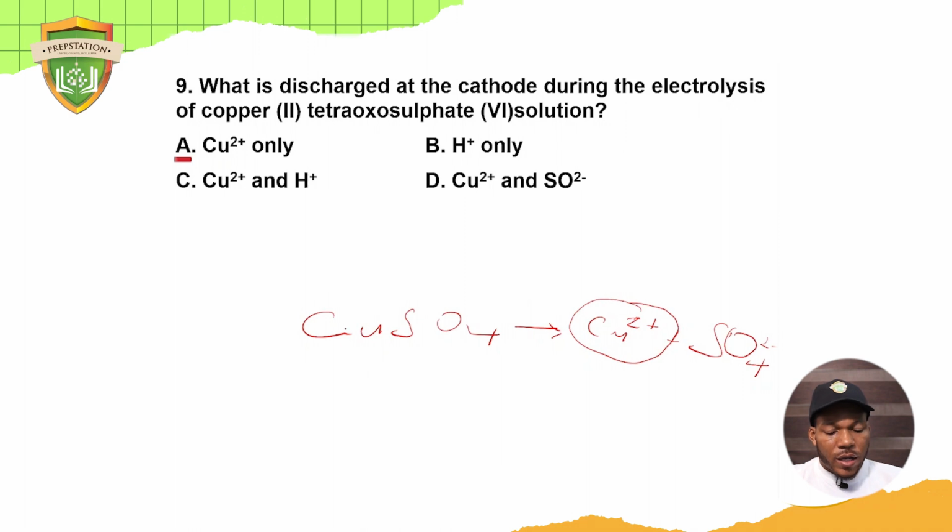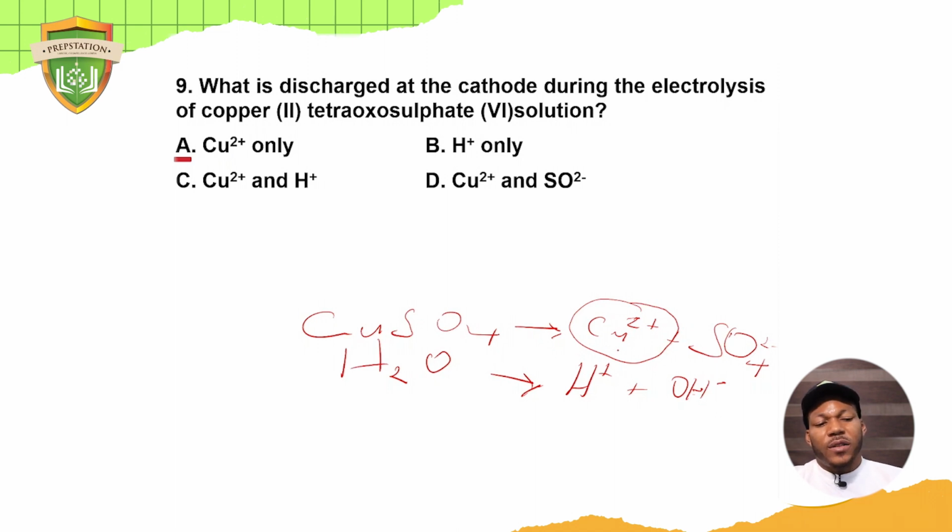Don't forget that in this electrolyte, water is involved. So we have H2O. If you break it down into ions, you're going to have H plus and OH minus. Now going down your electrochemical series, copper is below hydrogen.